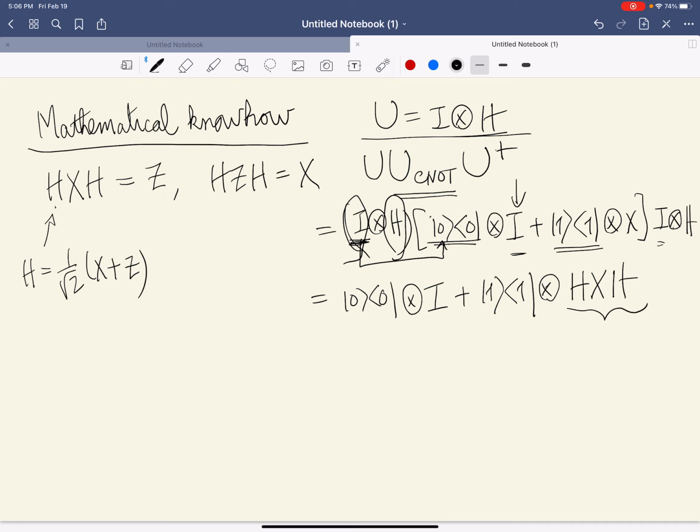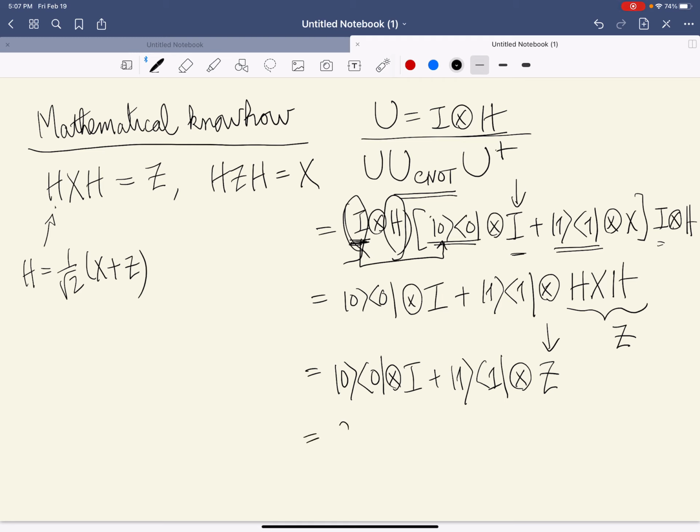And HXH is equivalent to Z, as we just showed. So the consequence of performing the change of basis on the second qubit is that what was once an X matrix over here now becomes a Z matrix.